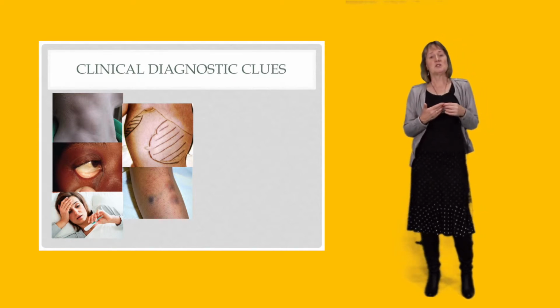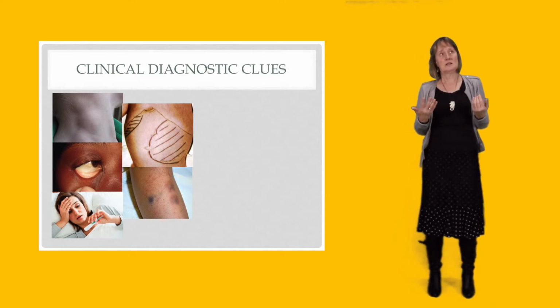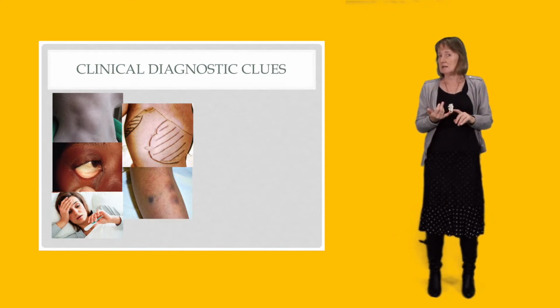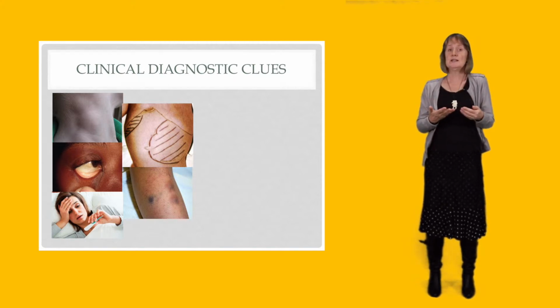So some of the features that you might see that might make you start to think, is it possible that this patient has a hematological malignancy, might be enlarged lymph nodes. They may have a big spleen. They may or may not have a large liver. They may be showing signs of bone marrow failure.